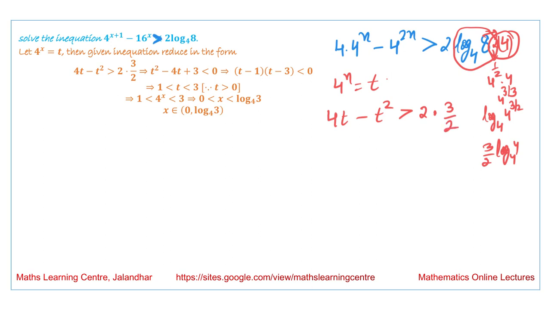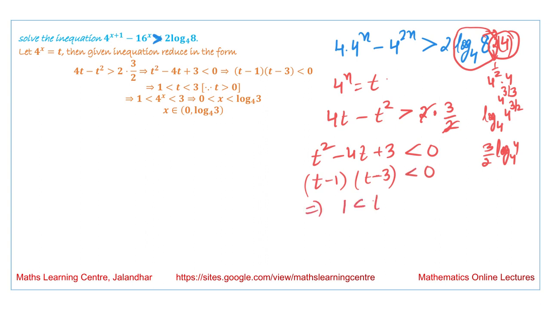So this inequality becomes t square, this 2 and 2 get cancelled, t square minus 4t plus 3 is less than 0. It is (t minus 1) into (t minus 3) less than 0. So this implies that 1 is less than t is less than 3, because the value of t is greater than 0. What is t over here?